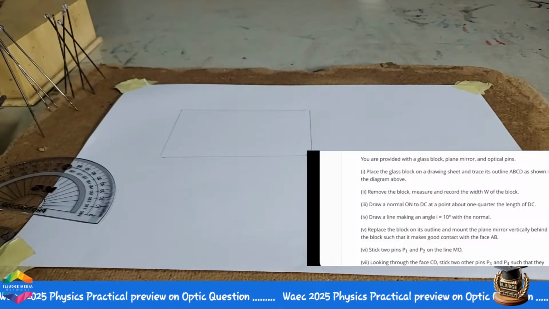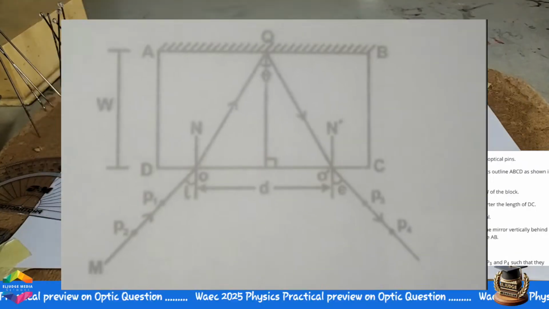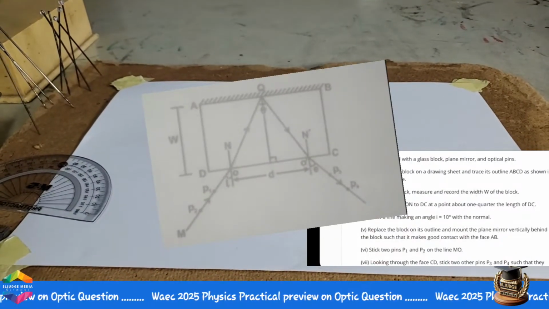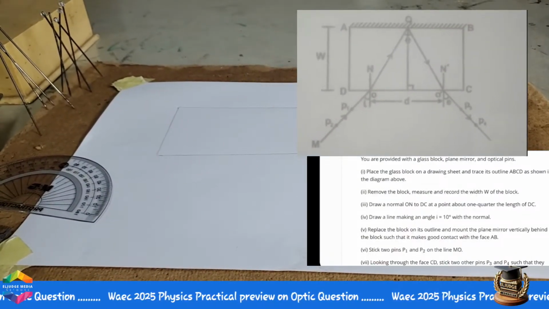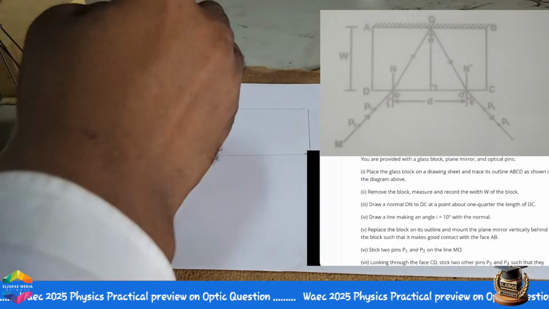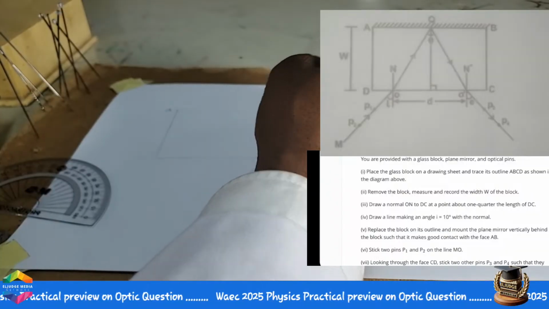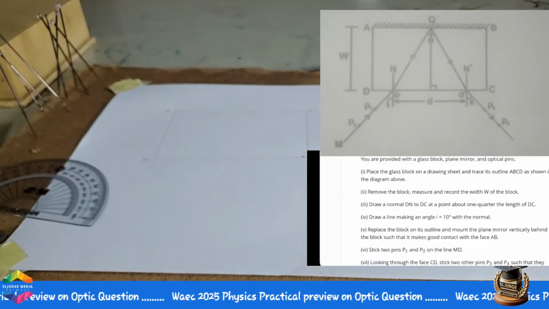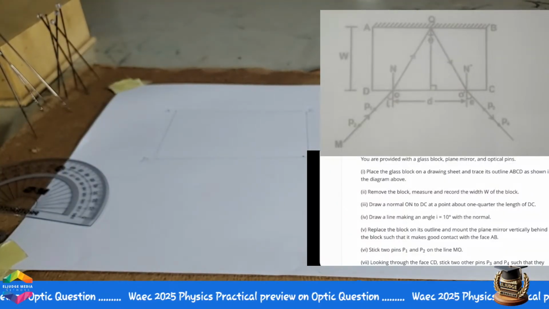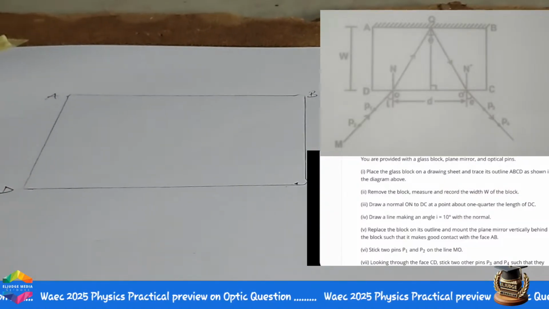So let me also bring the diagram that we are shown. This is the diagram. So we are going to label this A, B, C, and D.